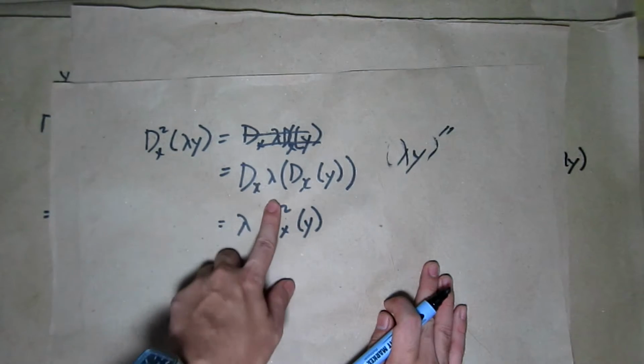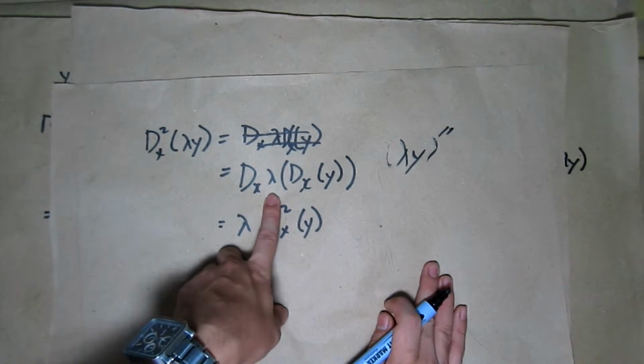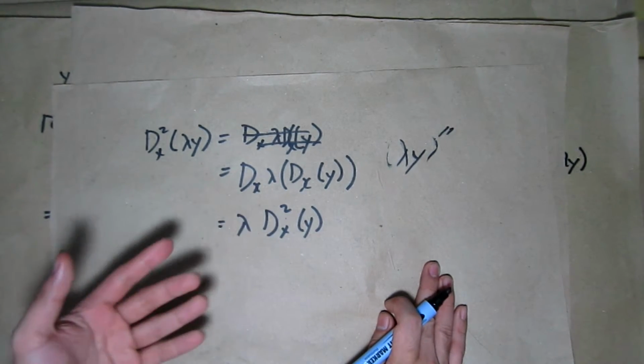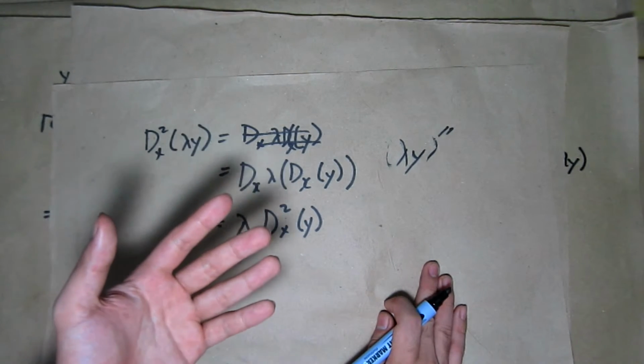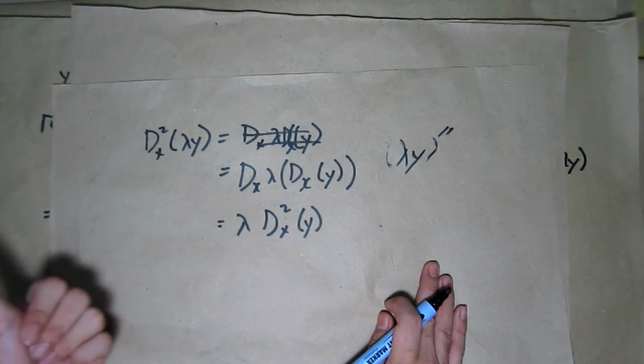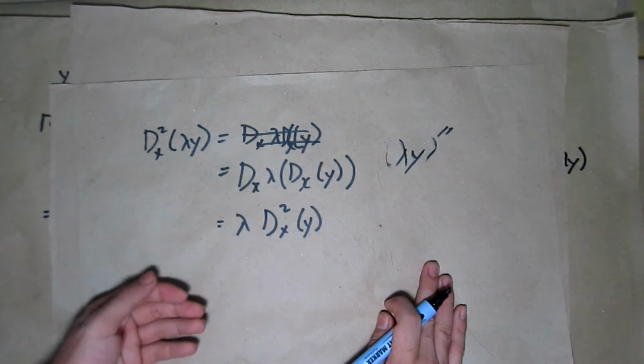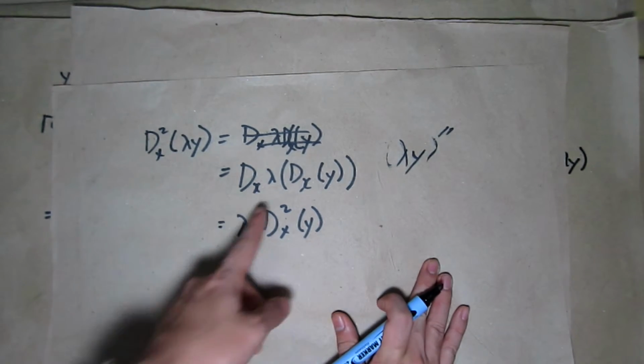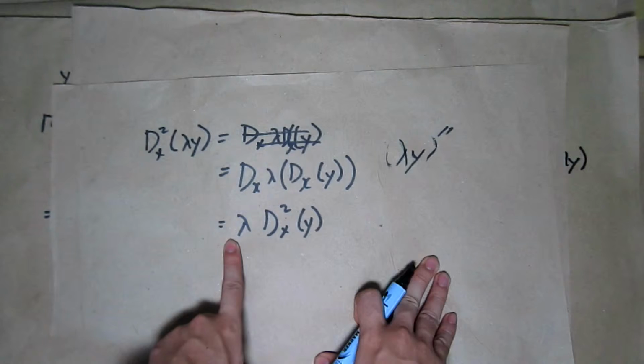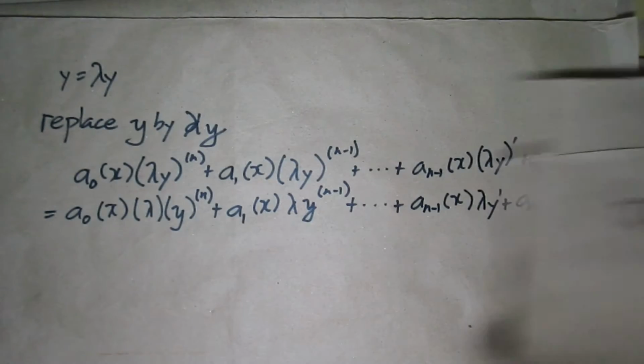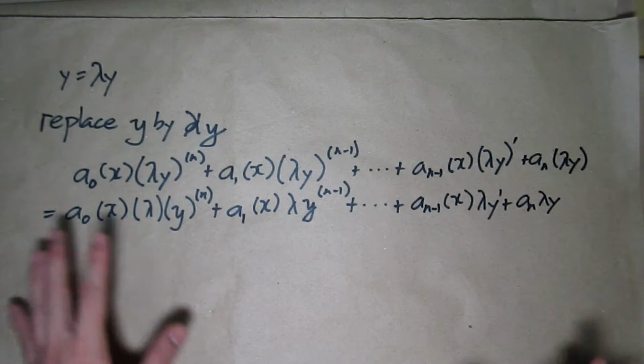That's because lambda here is basically just a constant, and when we differentiate things we usually take the constant out. So there you have it. And then after that we just factored out lambda. So that's what's going on here.